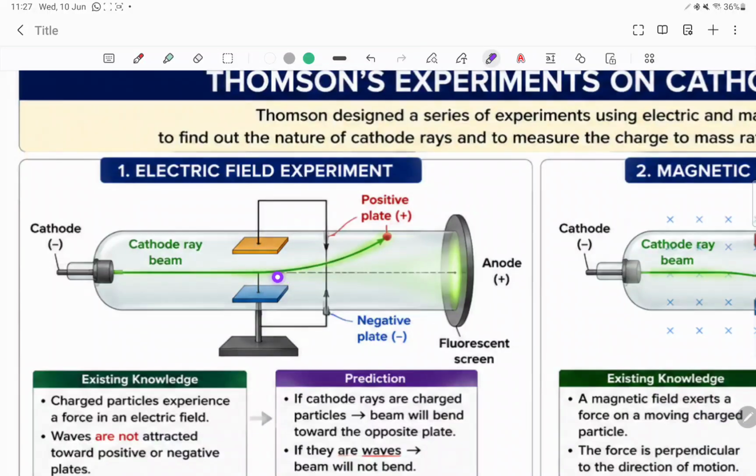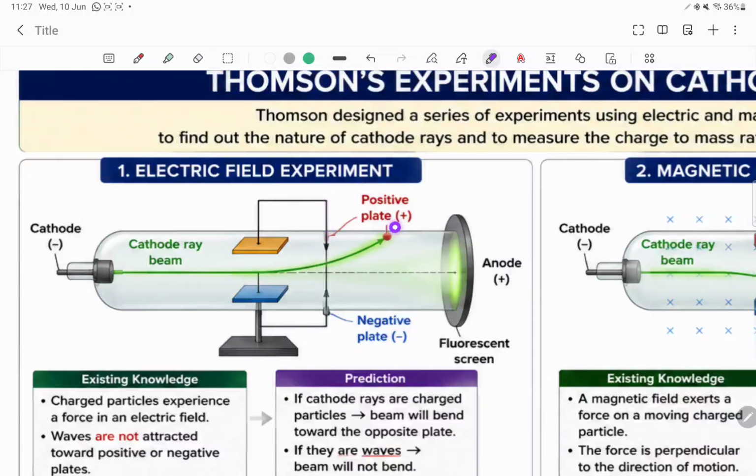Without an electric field, as we can see here, the cathode ray is traveling in a straight line and hitting and forming a spot of bright light on the zinc sulfide coating here. So the spot should be here because they travel in a straight line.